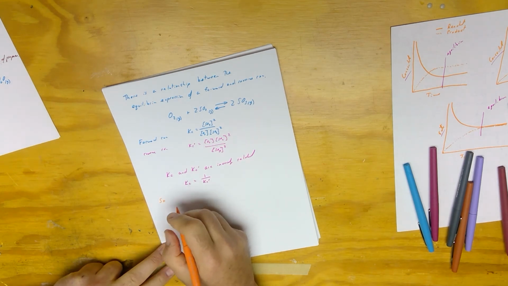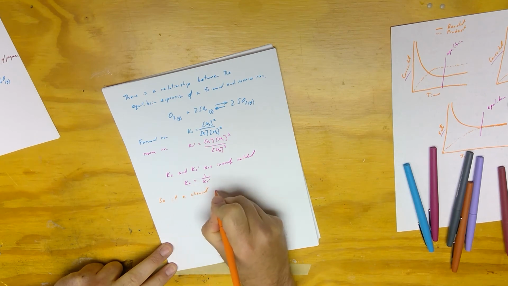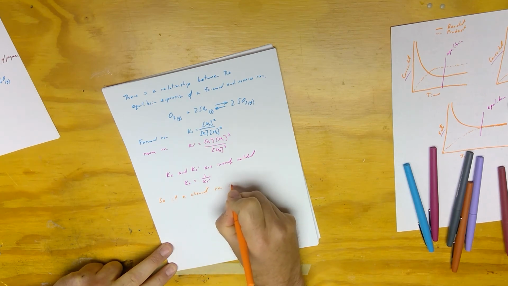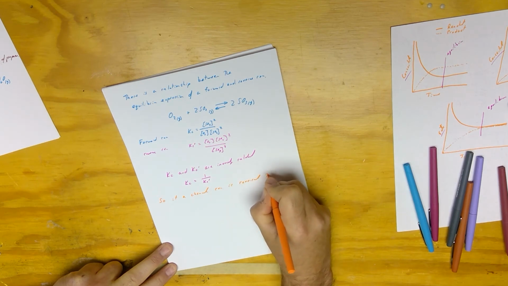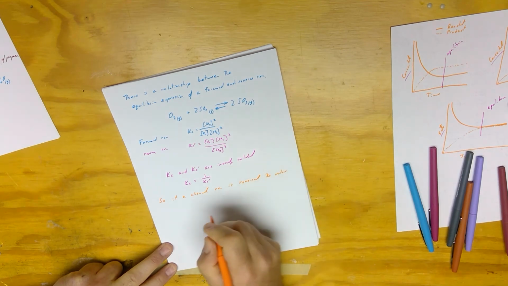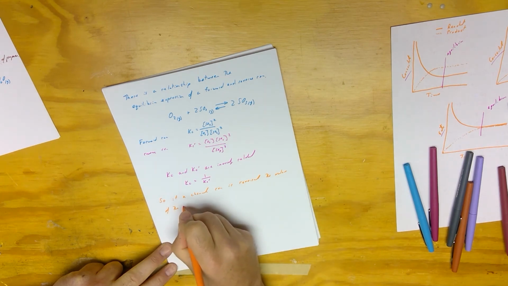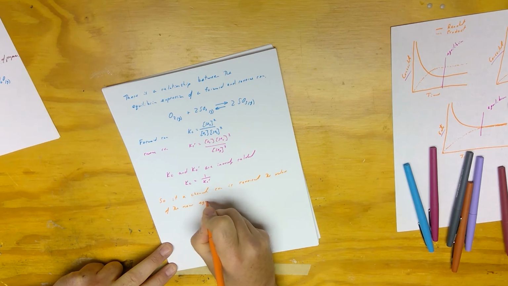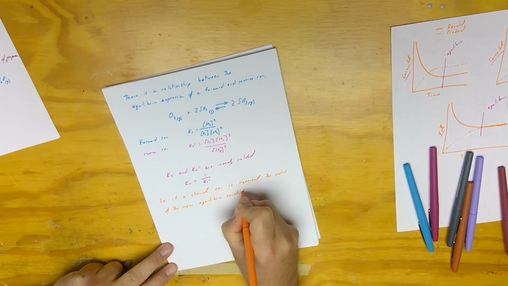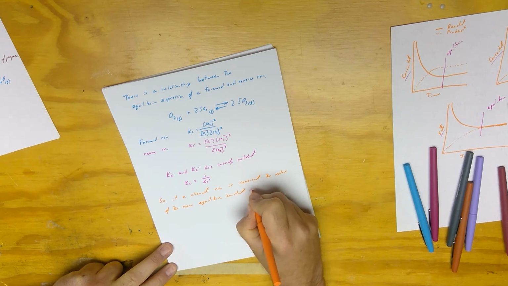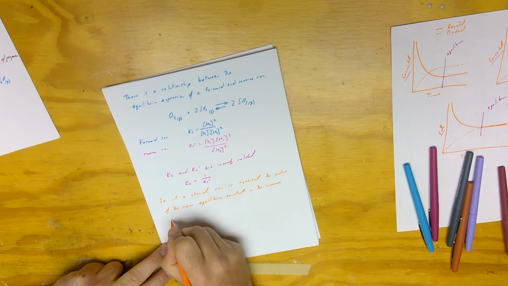So if a chemical reaction is reversed, the value of the new equilibrium constant is the inverse of the original constant.